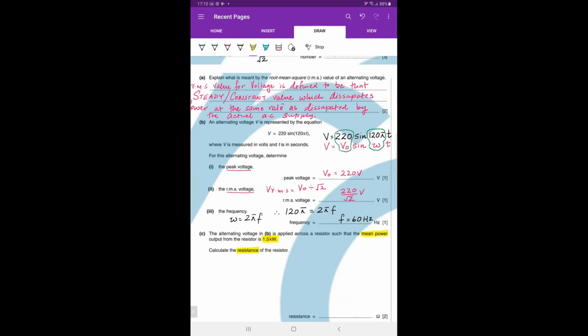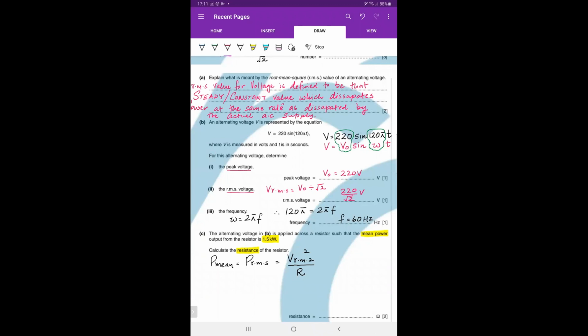Calculate the resistance. So from last class, remember, mean power is the same thing as RMS power. And the formula for RMS power was V RMS square upon R.